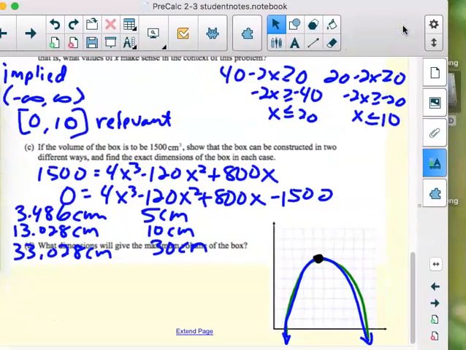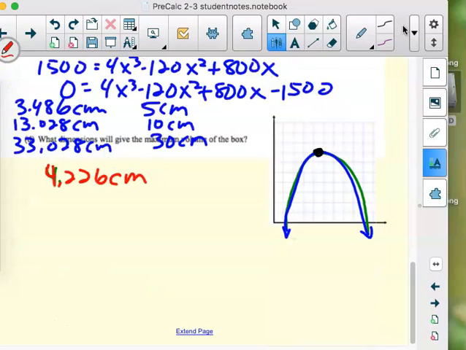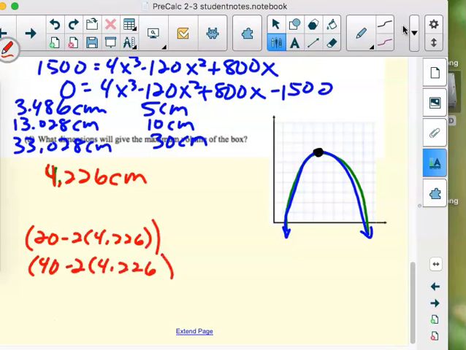So back here, the dimensions, we have x is 4.226 centimeters. And again, we'd have to put that back into our factors. So we could grab a calculator and take 20 minus 2 times 4.226 to get the other dimension, and then the third one would come from 40 minus 2 times 4.226.